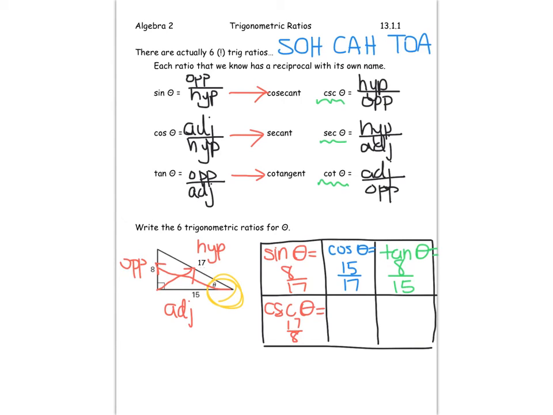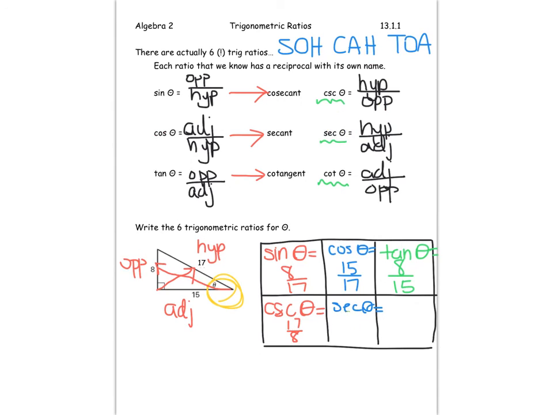Okay, cosine. When I flip it over, it's called secant, which is abbreviated SEC. So SEC theta equals 8 over, oh, nope. That's not the hypotenuse.